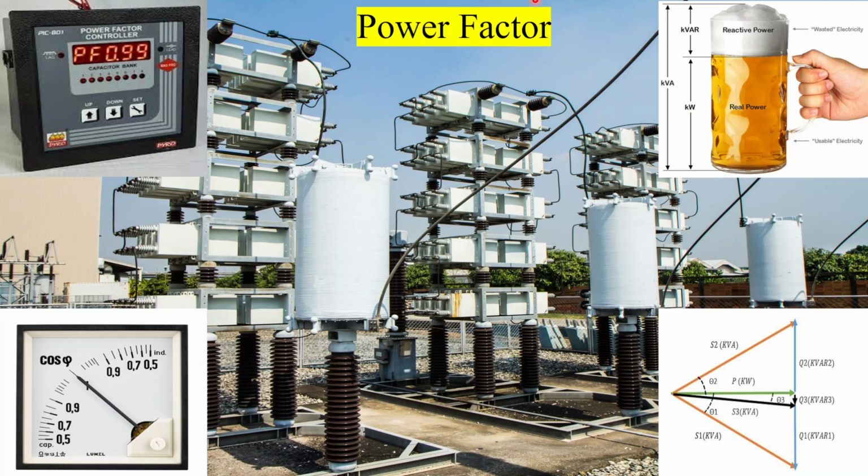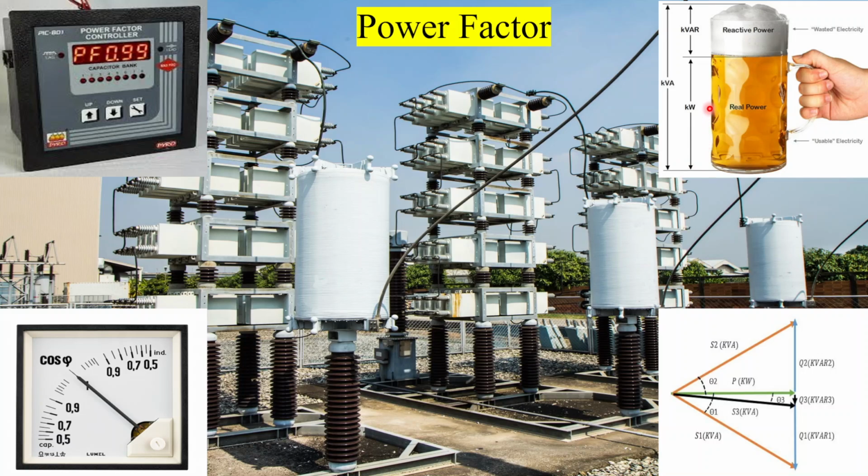So mathematically the power factor can be written as the real power divided by the apparent power. Real power is noted as P, and apparent power is S. So the power factor is equal to P by S.